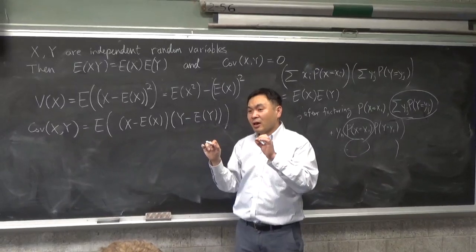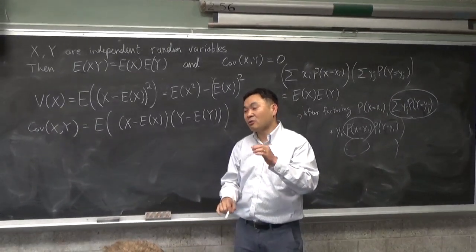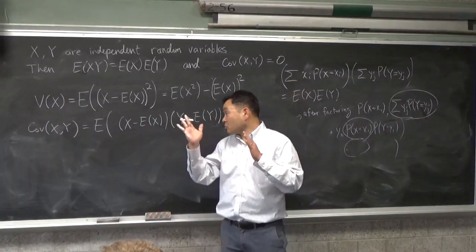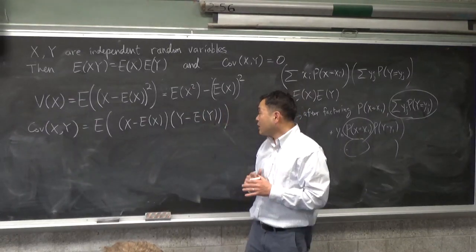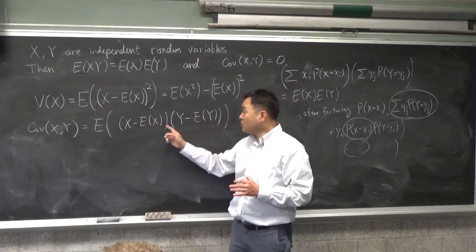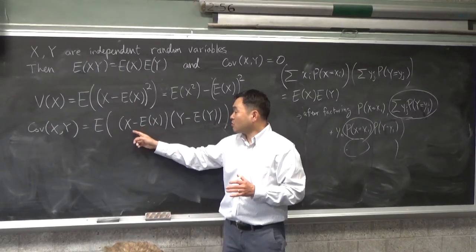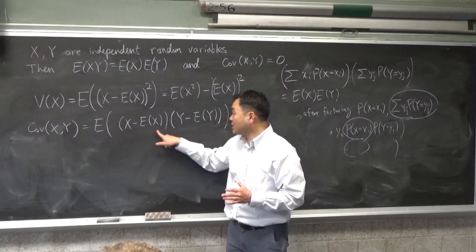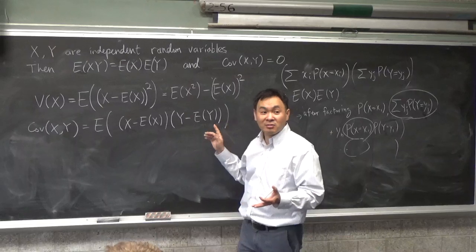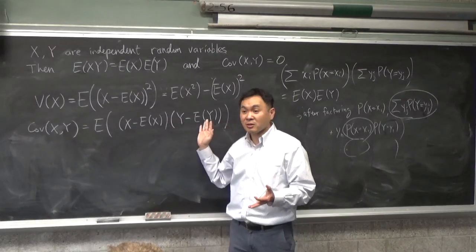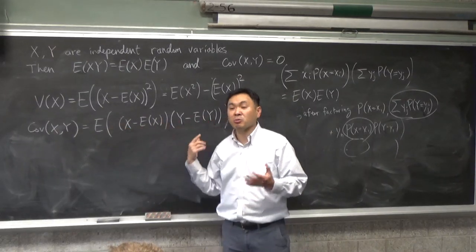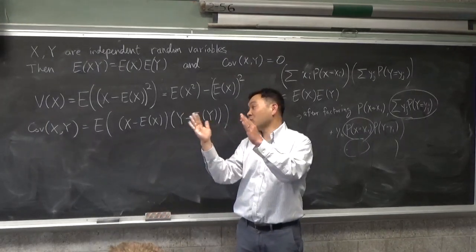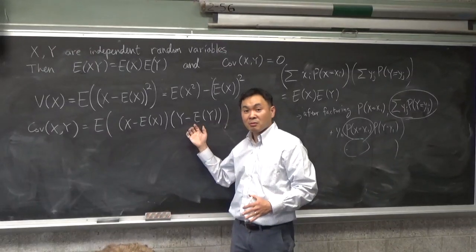And whenever X is less than the average, Y will be less than the average. If something like a positive correlation exists between them, then what happens to this value? It's likely that when this is positive, this is also positive, and when this is negative, this is also negative. In both cases, the product will be positive, right? So overall, the covariance will be a positive value.